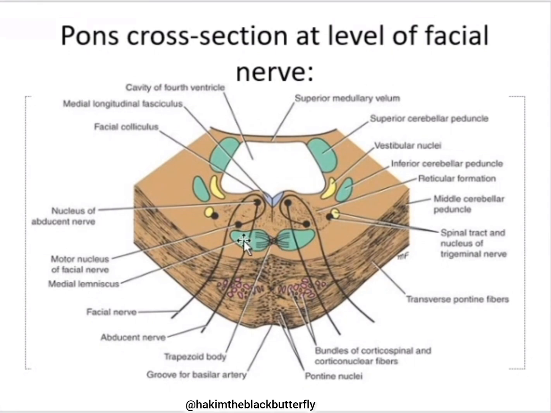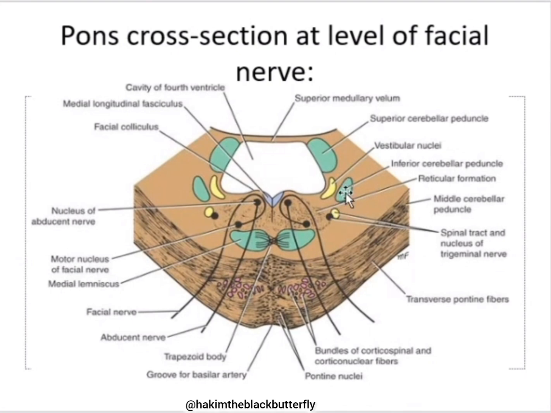But mainly you see the medial lemniscus, the facial nerve nucleus, the abducent nerve nucleus, and then the spinal nucleus of the trigeminal nerve. Remember, the spinal nucleus of the trigeminal nerve is long. We saw it in the medulla oblongata, and now we are also seeing it in the pons.